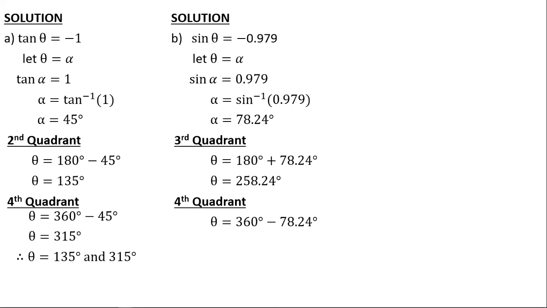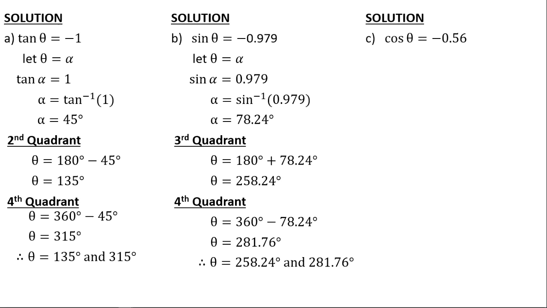Theta equal to 360 degrees minus 78.24 degrees. Our theta will be equal to 281.76 degrees in the fourth quadrant. Therefore, theta is equal to 258.24 degrees and theta equal to 281.76 degrees.